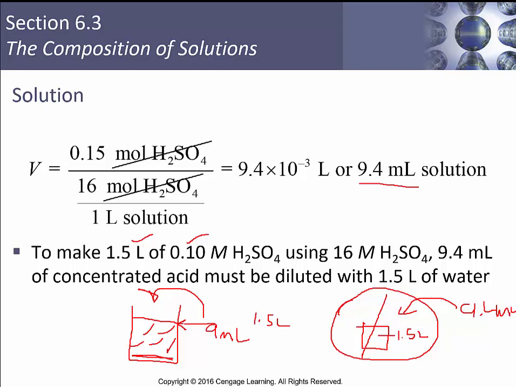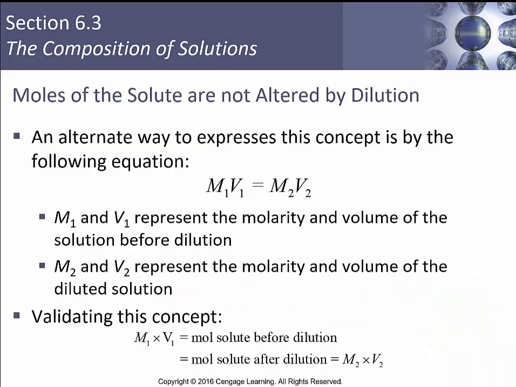That's going to lead you to an erroneously low solution concentration, because here your volume is going to be equal to 1,500 milliliters plus 9.4, so you'd have 1.5094 liters, and that is not the same thing as 1.5 liters. So your concentration is going to be low. So you add the stuff in and then you dilute to the line, but your total volume has to be 1.5 liters.